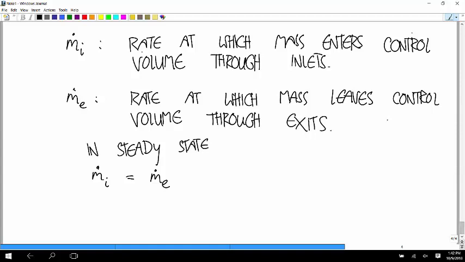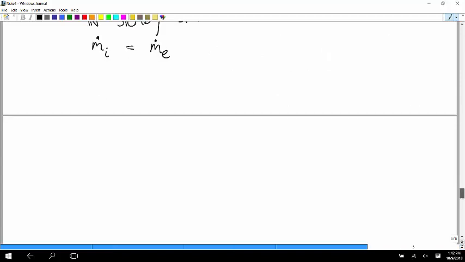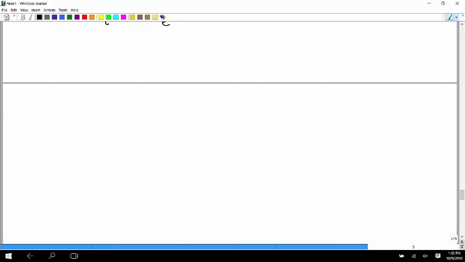Okay, so to calculate Mdot, so this is the rate at which material is coming in or going out, we're going to use just an algebraic formula.